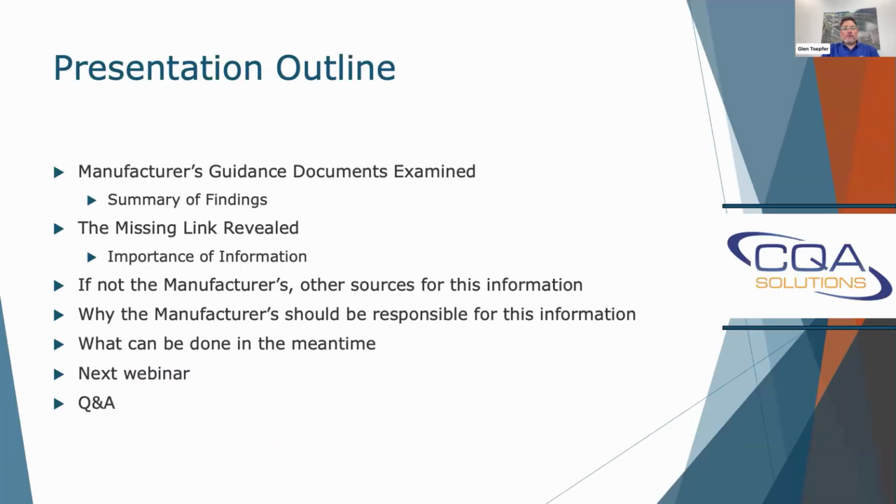In the outline, I'm going to look at different documents that I examined, give you a brief summary of the findings, reveal to you what I believe the missing link is, the importance of this information, where you can find it when the manufacturers don't provide it, why I believe the manufacturers should be responsible for this information, what we can all do in the meantime, and then I'll give you a brief overview of my next webinar, and then we'll get to the questions and answers.